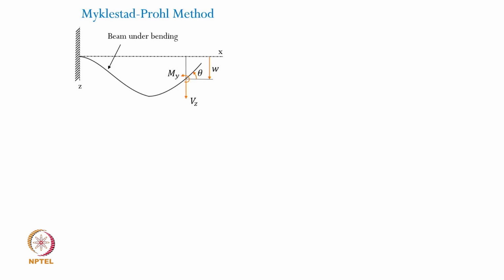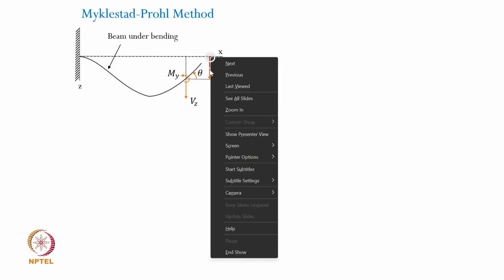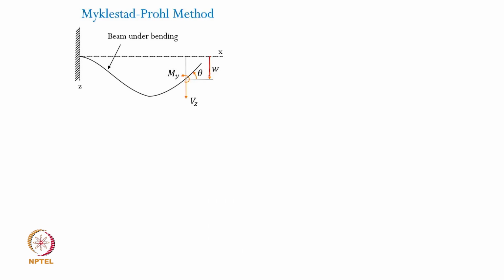It will have deflection, it will have slope all along the length, and as we discussed, we define W to be positive downwards. So this is how the deflection is specified. The slope is specified counterclockwise positive about the y axis, so therefore theta appears positive that way. Shear force is shown here, Vz, and of course the bending moment being shown there like that.